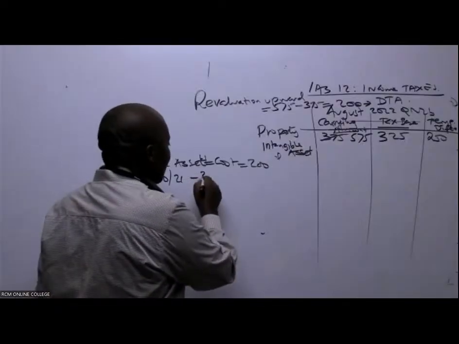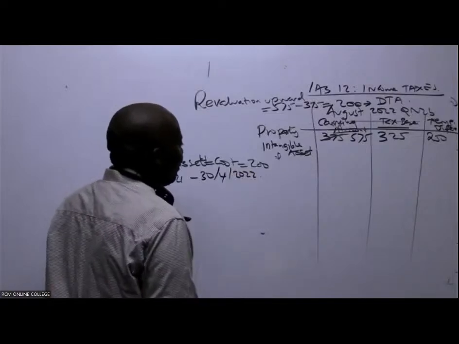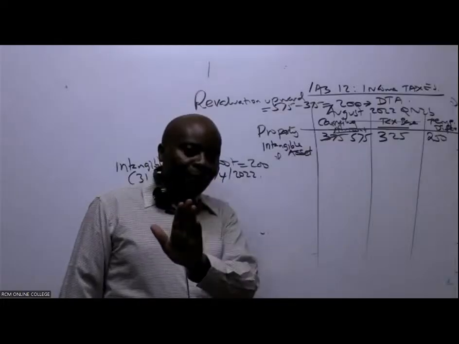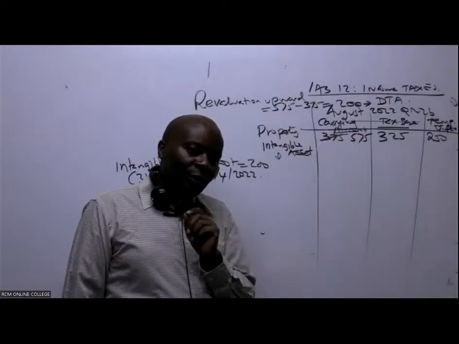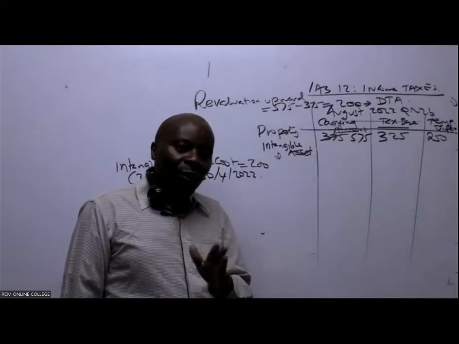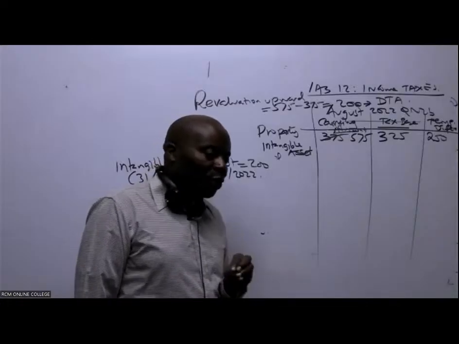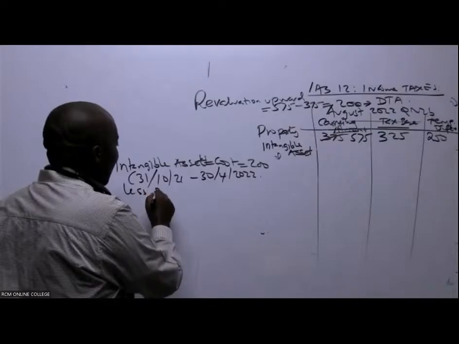So from the time when we incurred this cost, time has lapsed. So we must charge amortization to get the net book value, because amortization is the language of depreciation, but for intangible assets, you call it amortization. So less accumulated amortization.